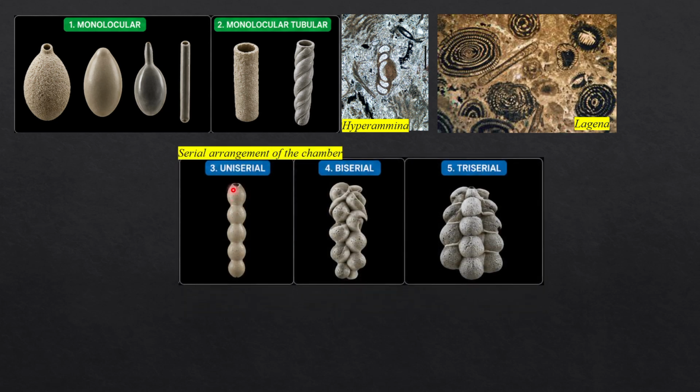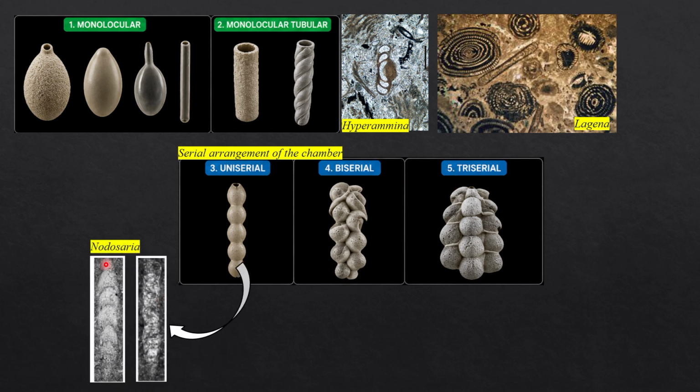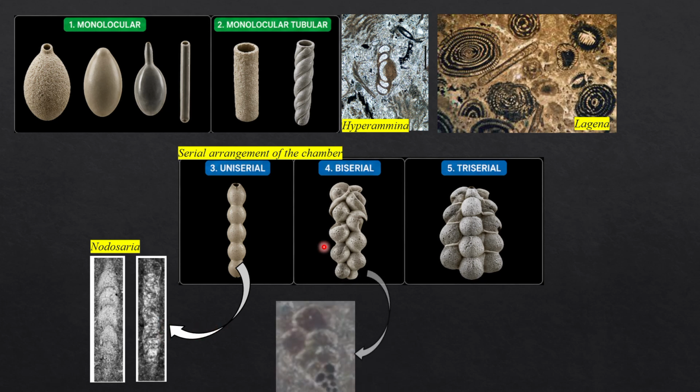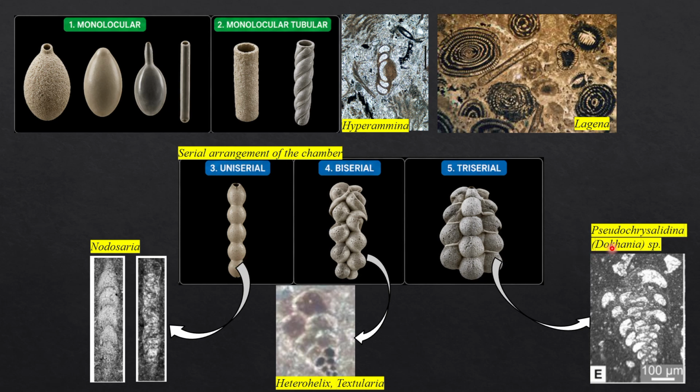We have unilocular, in which only one side chamber arrangement. We have two chamber arrangements on two sides, biserial, and this 3D, triserial. For the uniserial we have this example, for the biserial we have the example of heterohelix, and for the triserial we have the example of the Pseudochrysalidina species.